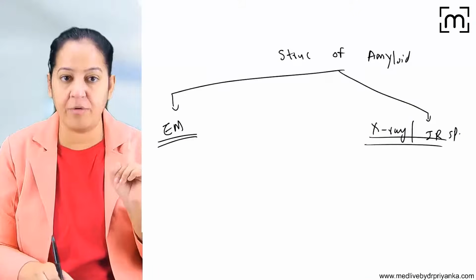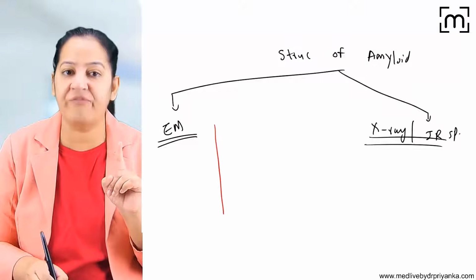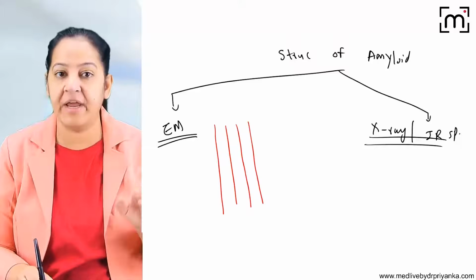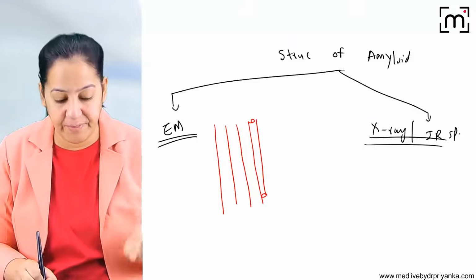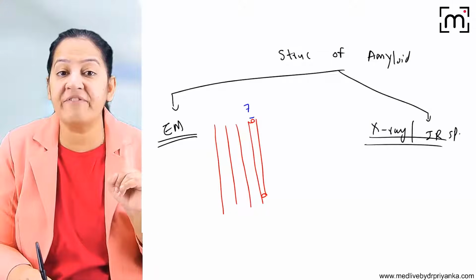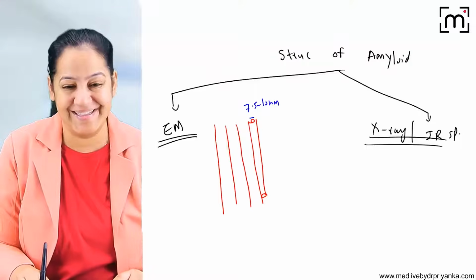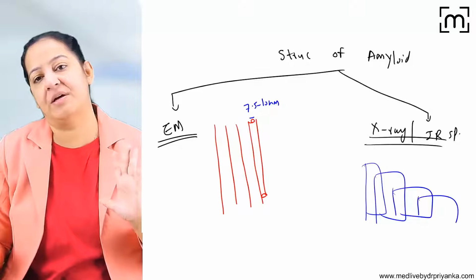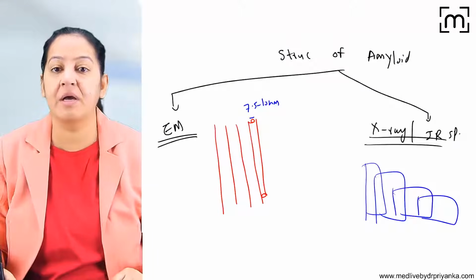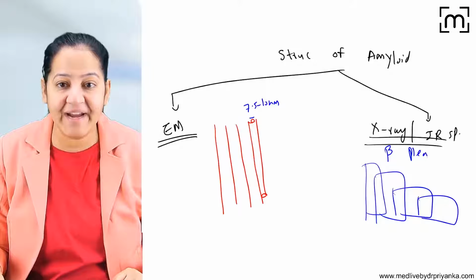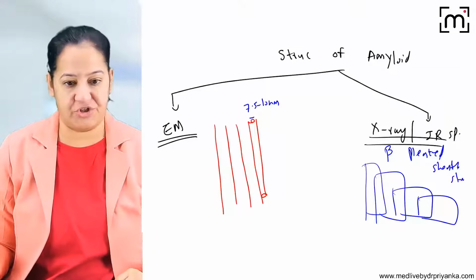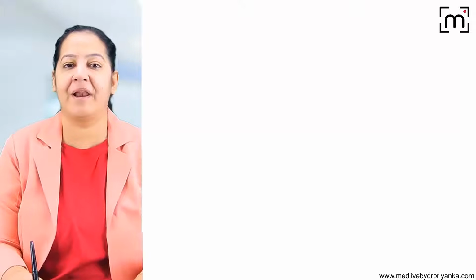On electron microscopy, it looks like long fibrils, indefinite in length, non-branching, and the diameter of each fibril is 7.5 to 10 nanometer. On X-ray crystallography, it looks like a three-dimensional beta pleated sheet structure. So please learn it. So we have seen two things till now. Amyloidosis.